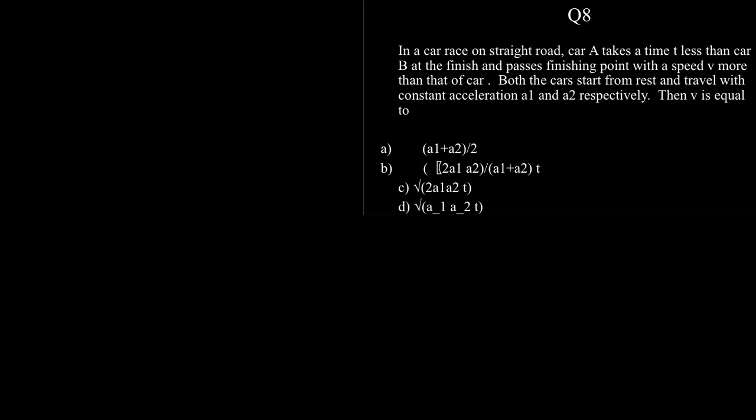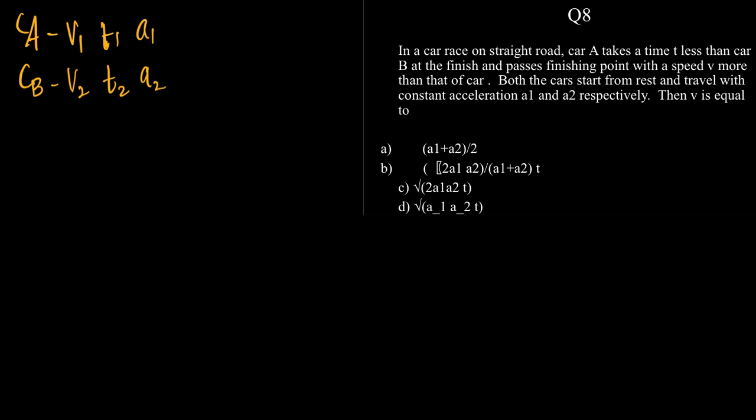So let us first write down what's given in the question. We've been given two cars, car A and car B. I'll assume the accelerations are a1 and a2. Let us take the velocities as v1 and v2, time taken as t1 and t2, and acceleration as a1 and a2.